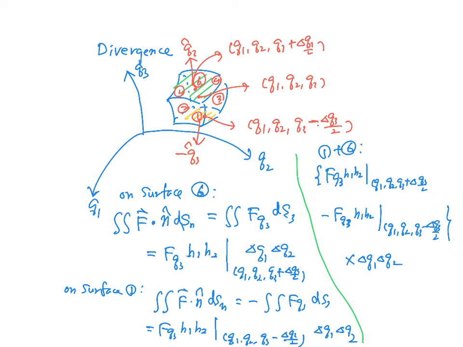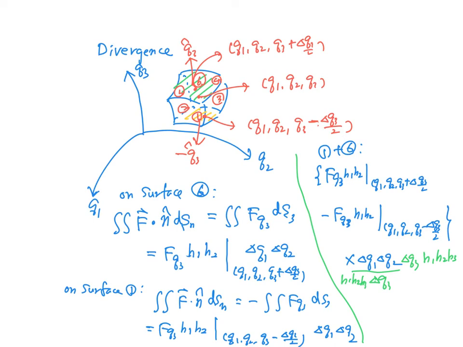So what you can do is actually do nothing. Do nothing means you divide by delta Q3, right? H1, H2, H3, H1, H2, H3.